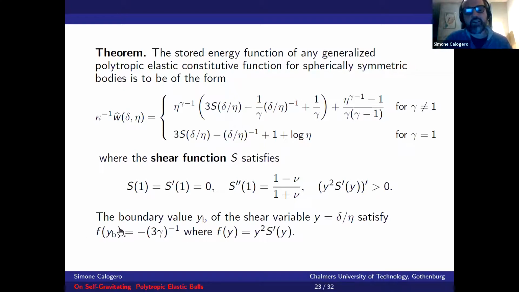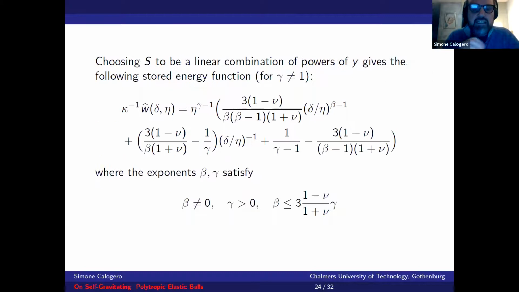Now these are still very general models, and it's very hard to work with this generality because, first of all, you don't even know if this equation has a solution, and secondly, even if you can prove that it has a solution, you are in general not able to find an explicit value for it, because this function is in general maybe a very high order polynomial. But there are some other conditions that can be imposed on this shear function that are quite natural.